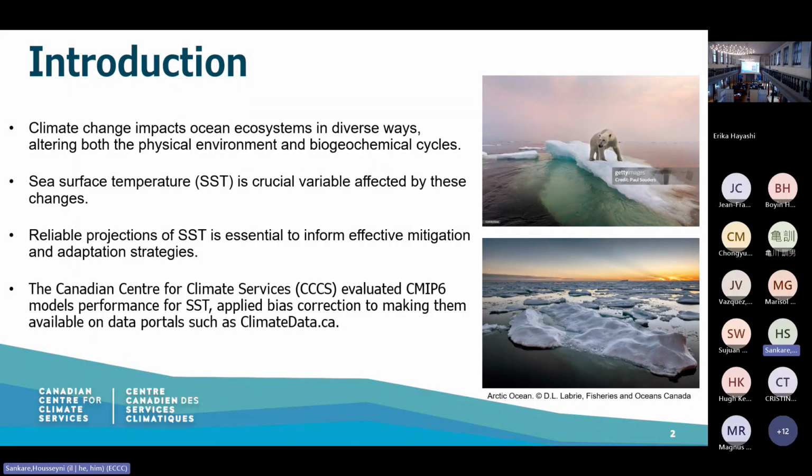So reliable projection of SST is essential to inform effective mitigation and adaptation strategies. The Canadian Centre for Climate Services evaluated CMIP6 model performance for SST and then applied bias correction to make them available on our climate data portal, climatedata.ca.